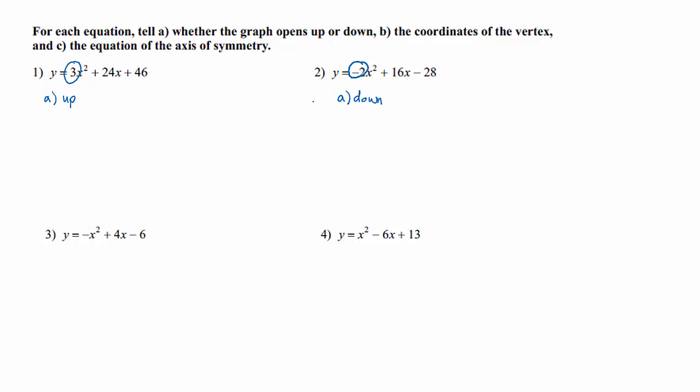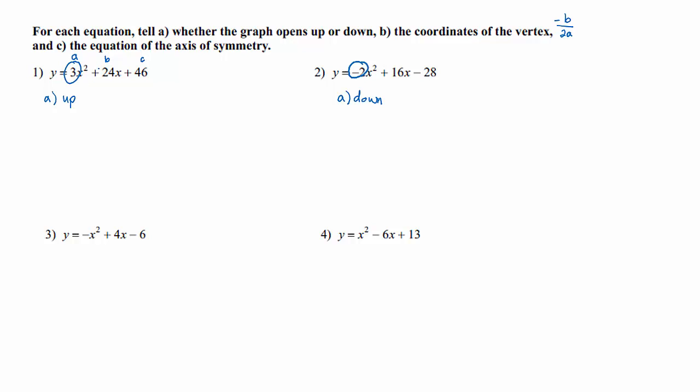The next part asks us to identify the coordinates of the vertex. To find the vertex, we use the formula negative b over 2a. That means we need to know what a, b, and c are. A is what's in front of x squared, b is what's in front of x, and c is the number left over.